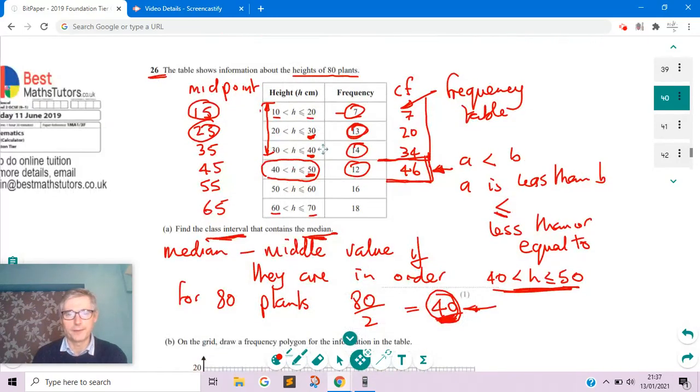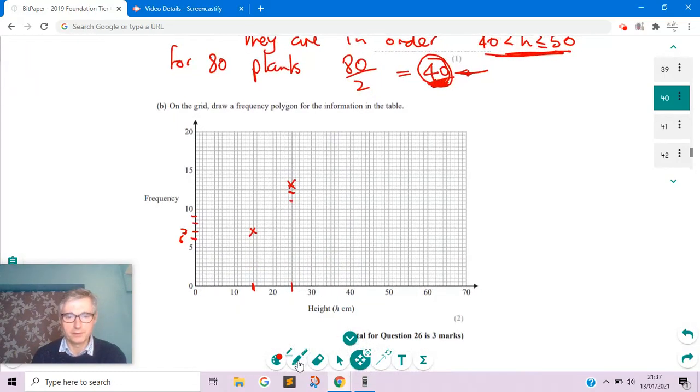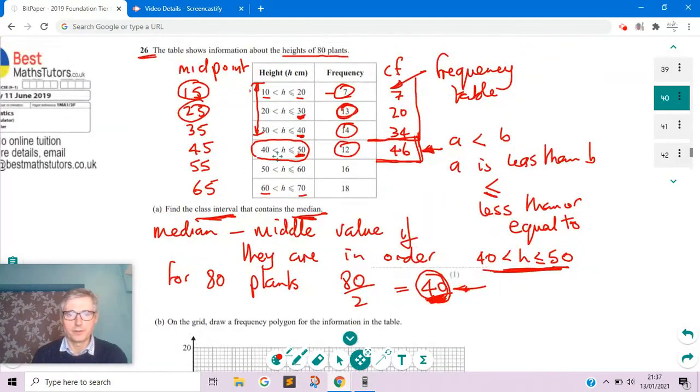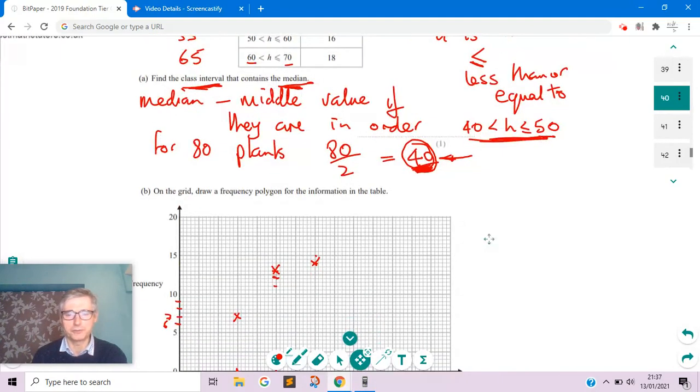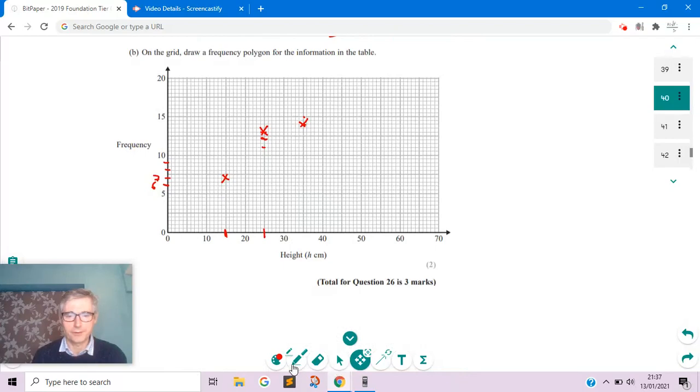Next group is 35 and 14. 35, 14, that's 15 there, we'll come down 2 squares to 14. And then the next one, we're going to go 45 and 12. So 45 is there, and 12, there's 10, 11. So there would be 12.